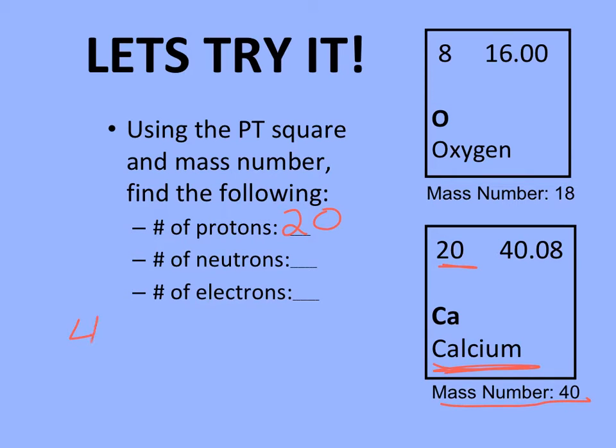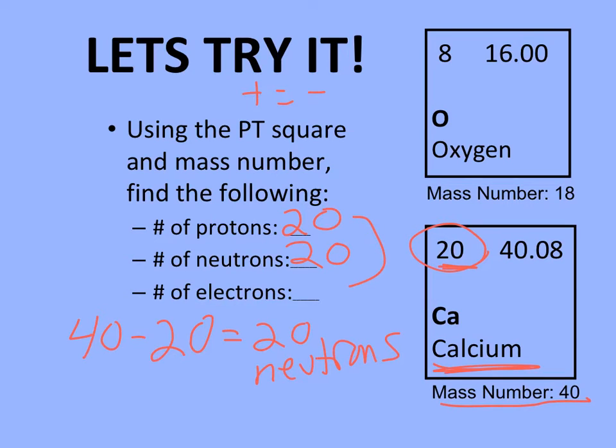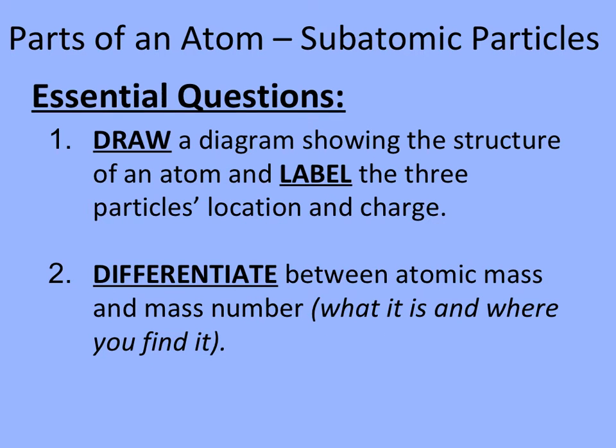So we're going to use that mass number, and we're going to subtract the atomic number, and that will give us the number of neutrons. So this isotope has 20 neutrons. Now, if we remember that in the neutrally charged atom, the positives have to equal the negatives, so the protons have to equal the electrons. We're going to have 20 of those as well.